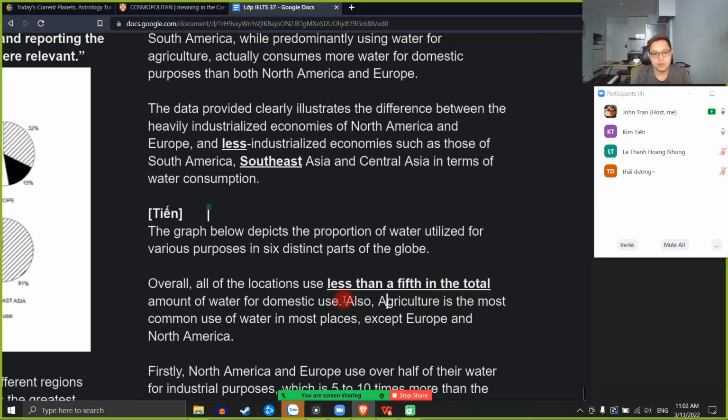You need a linking word, linking device here, because this one is the second idea in your overall part. Nên là cái phần này, cái này là cái ý tưởng thứ hai trong cái phần nhìn chung, cho nên mình kết nối lại bằng cách mình dùng cái chữ liên kết. You need linking devices to link ideas together, remember that? Nhớ để liên kết các ý tưởng cùng nhau mình phải có từ nối nha các bạn.